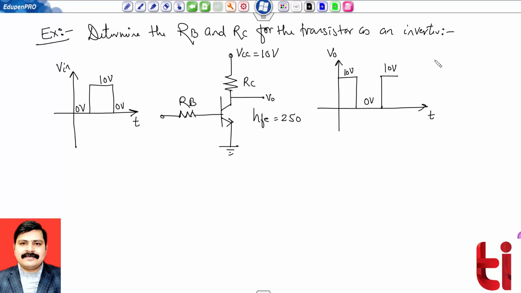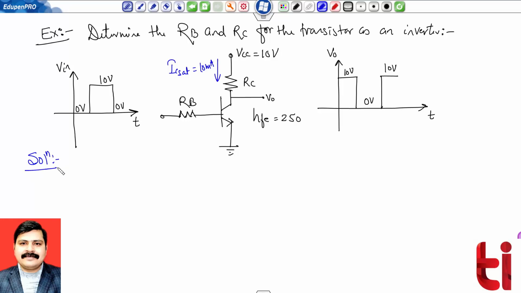The value of IC saturation is given as 10 milliampere.